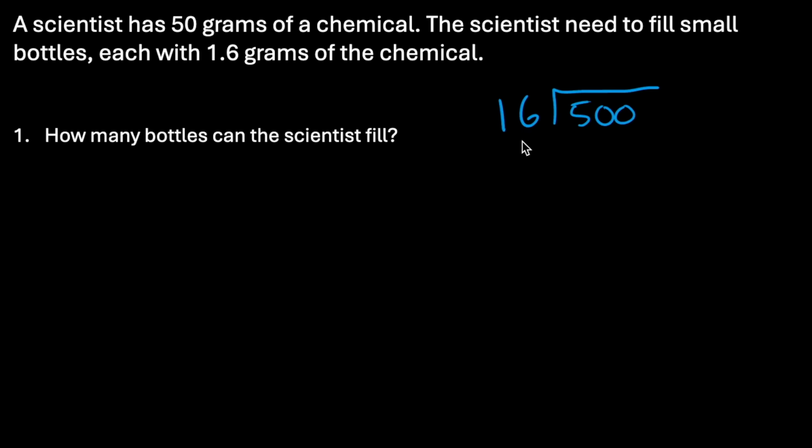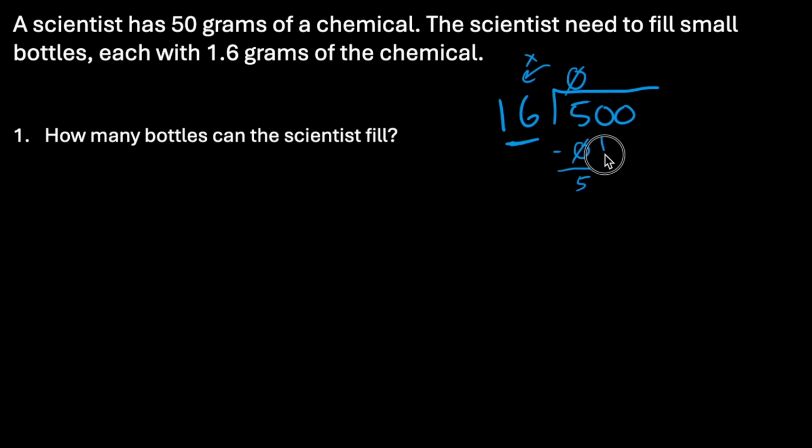Now, how many times can 16 fit into 5? You can't. So that'll be 0. And then you multiply 0 times 16, which is 0. And then 5 minus 0 is 5.